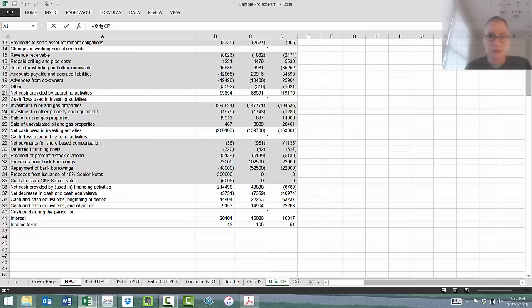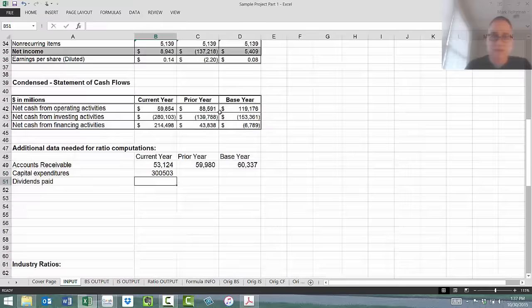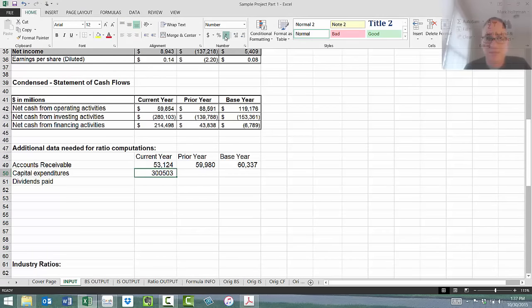Because it's being subtracted, of course I want it to be positive. So I'm going to put a negative minus investment in oil and gas properties because that's negative already. So I want it to be positive because it's obviously positive capital expenditure that I need to subtract. And that's a common mistake that people make.